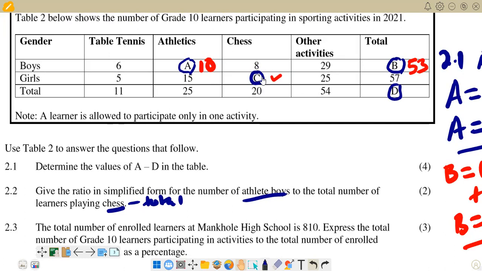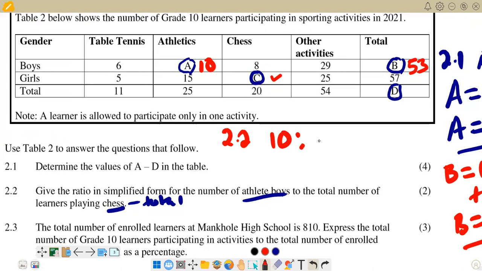We say 8 plus this one, you get our 20. 20 here represents the total for chess. So athlete boys is 10, and our total for chess is 20, so it's going to be 10 to 20. This represents our 2.2.